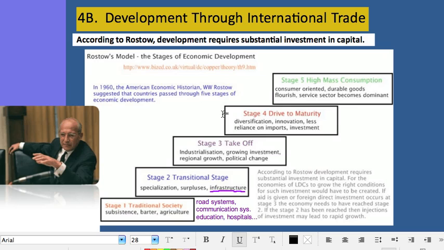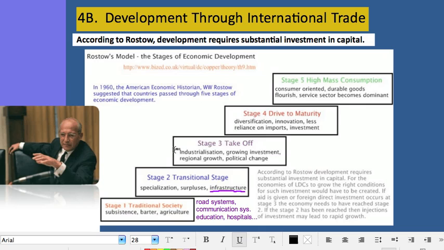Stage 4, this is called the drive to maturity. This is now where they're doing really well. They were able to make money with the 1 or 2 industries that they invested in, and so now they take that money and they diversify. They start taking that money to invest in other different means of making money.